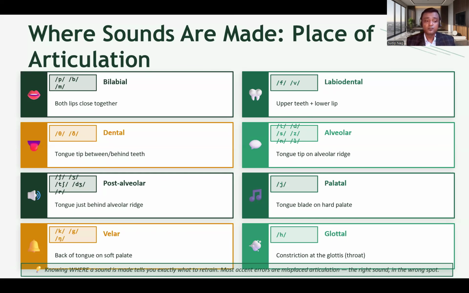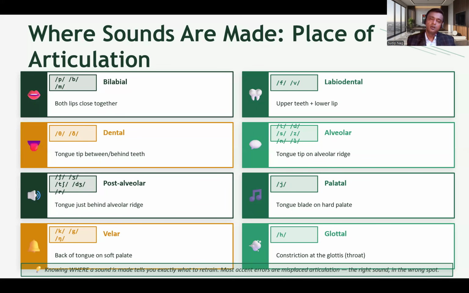Then we have velar, the soft palate, right from the back, like k, g, ng. You're using that part of your speech organs to articulate the sounds. Labiodental, lips and teeth: f, v. Alveolar ridge, top: z, d. Palate: j. And glottal: h.